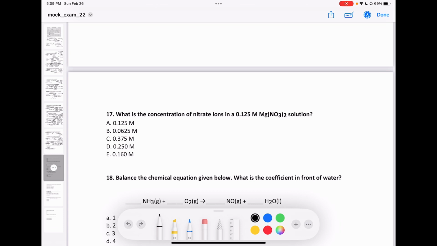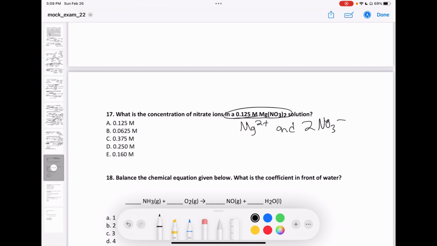So you see that for every liter of water, there's going to be 0.125 moles of this. And then whenever that dissociates, because this is an ionic compound, that'll dissociate into Mg2 plus and 2 of the NO3 minus nitrate ions.